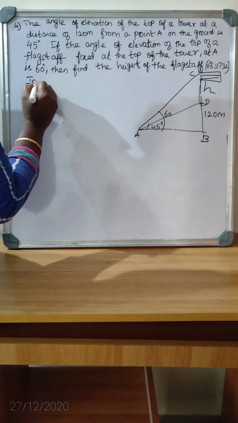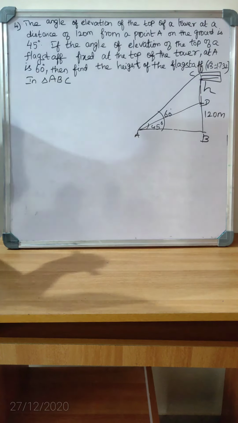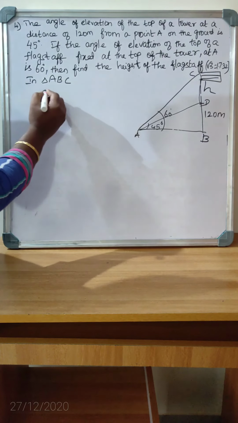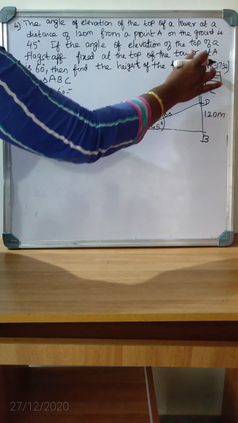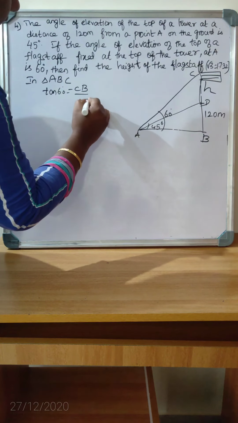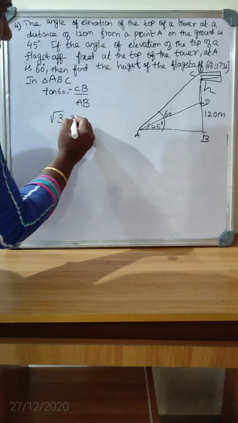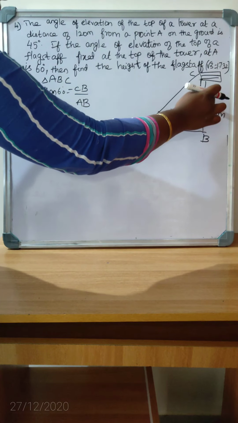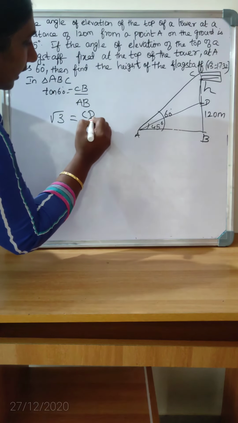So in triangle ABC, tan 60 degree equal to CB by AB. So tan 60 is nothing but root 3. CB we don't know, so we are going to write it as CD plus DB, and AB I have taken as x.